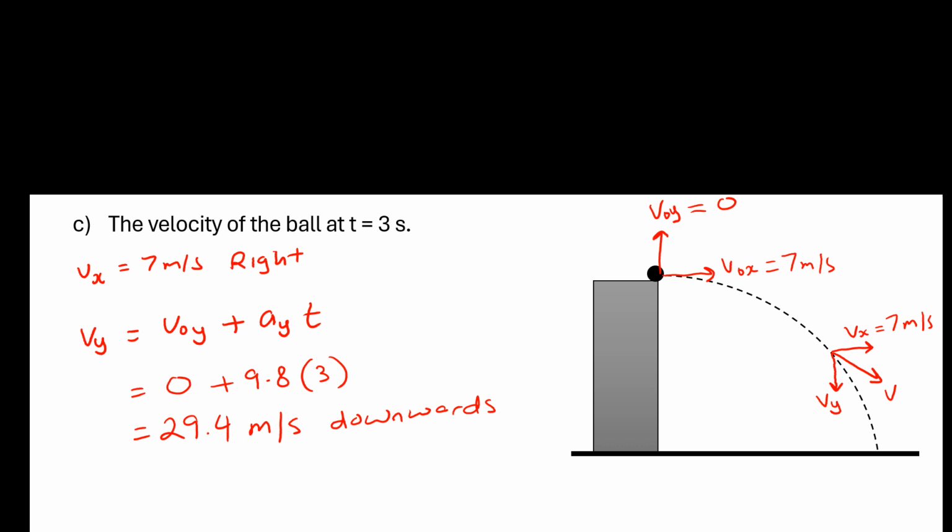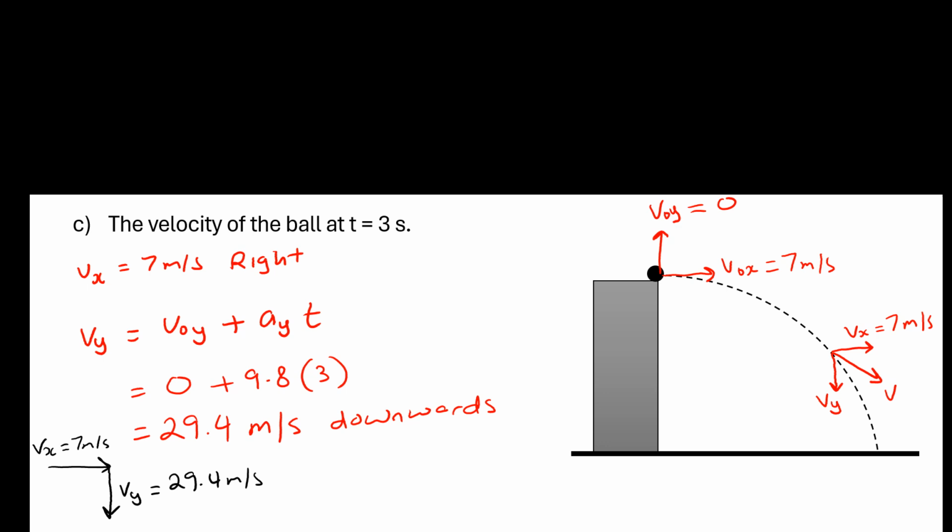And now we can quickly draw a vector diagram. Vx is 7 meters per second to the right, and Vy is 29.4 meters per second downwards.